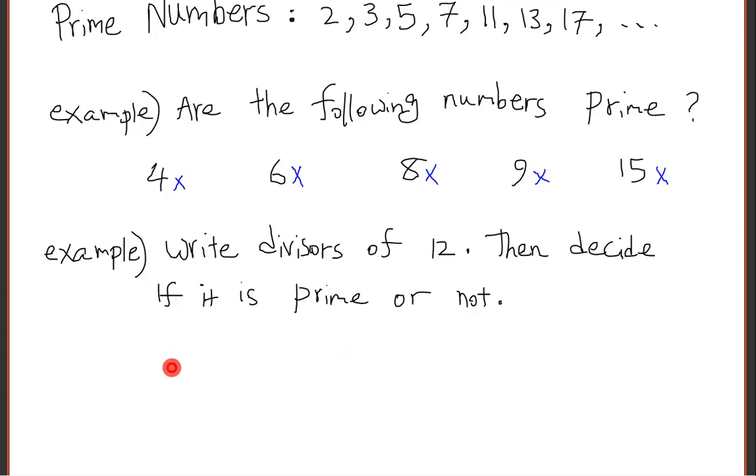Let me write 1 and 12, because 1 and 12 come together. Very good. 6 and 2 come together. Excellent.